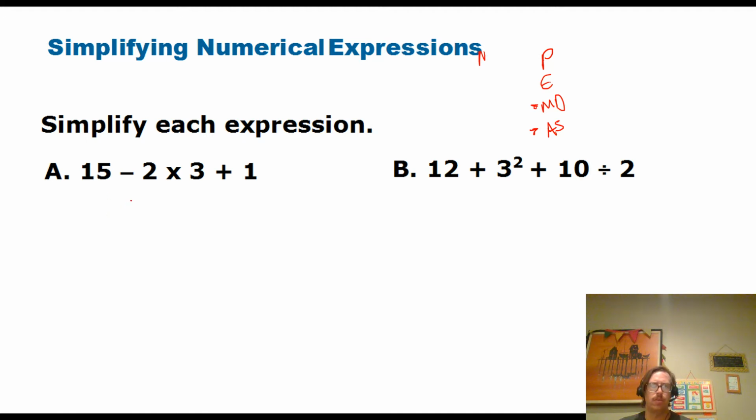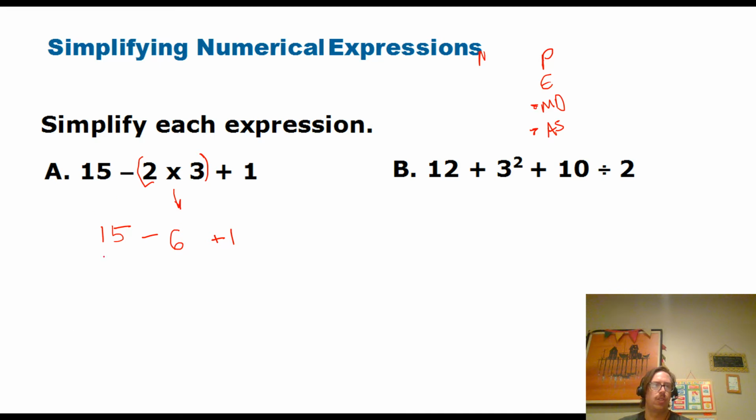You would check for exponents, no exponents or square roots. So now I'm going to go to MD, multiplication division. I see 2 times 3, so that's where I'm going to start. In this case, I would solve that first, and I like to bring it down, write a new row, 6 here, and I copy everything else, 15 minus 6 plus 1.